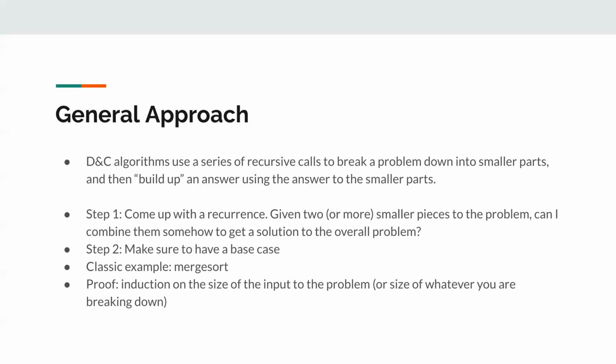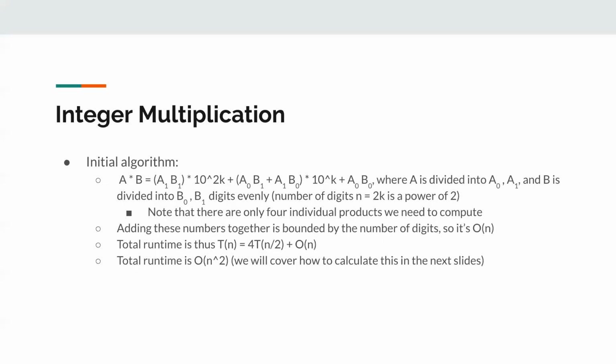I just wanted to go over one of the examples, integer multiplication. This would be slightly similar to the matrix multiplication example that you might have covered in class. This is a divide and conquer way of multiplying two integers.